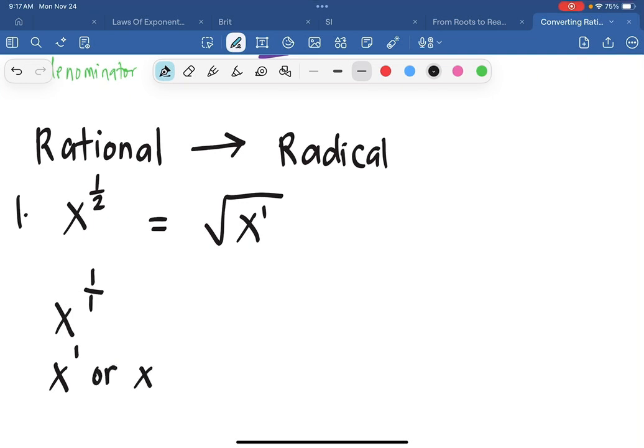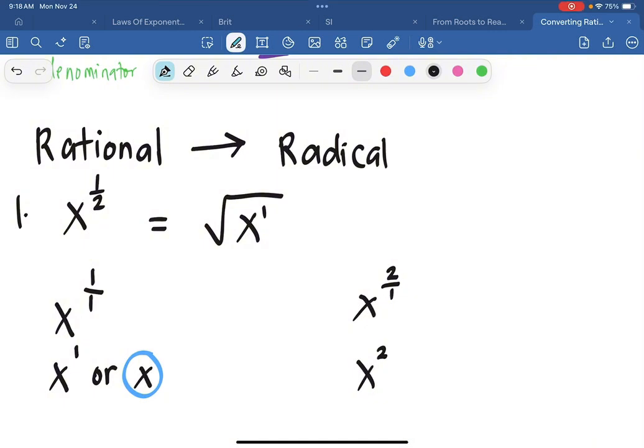Then we cannot use the radical symbol here anymore, because this result is already simplified. Or another example, if our denominator or index is 1 again, say x raised to 2 over 1, obviously 2 divided by 1 is 2, so x raised to 2, or x squared, is the simplest form.